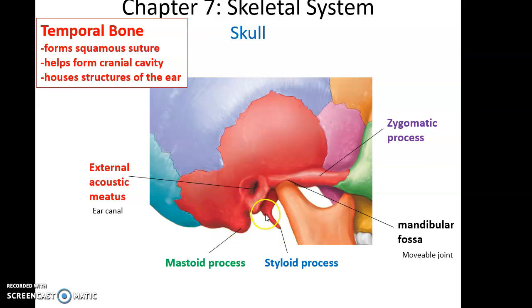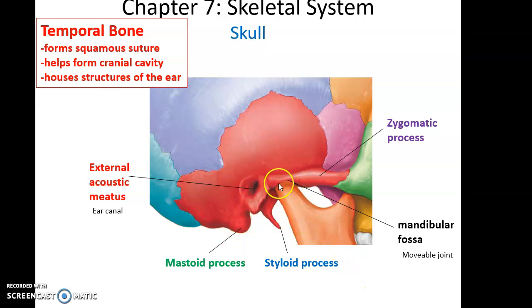Anterior to that is this thin little spike of bone called the styloid process. And then there's this thin piece of bone going across and toward the anterior side called the zygomatic process, which actually articulates, forms a joint with the zygomatic bone. So mastoid process, styloid process, zygomatic process. They're all, of course, attachment sites for muscles.